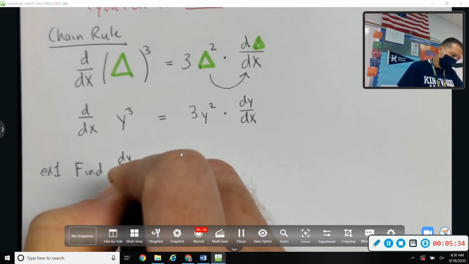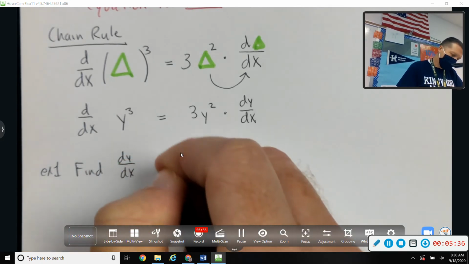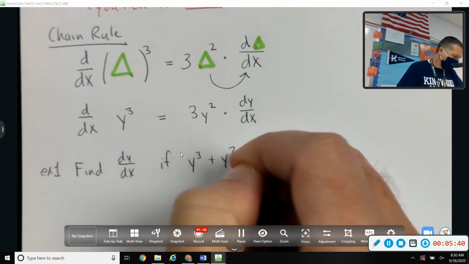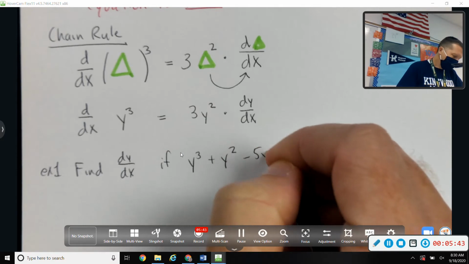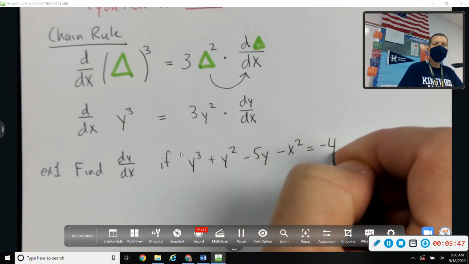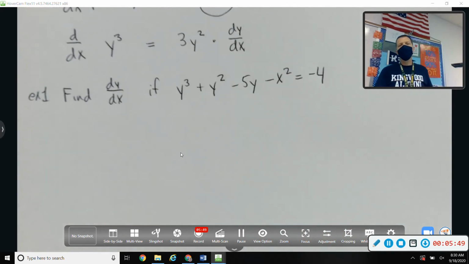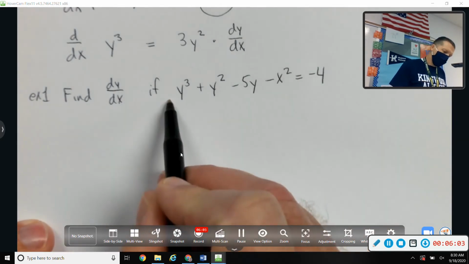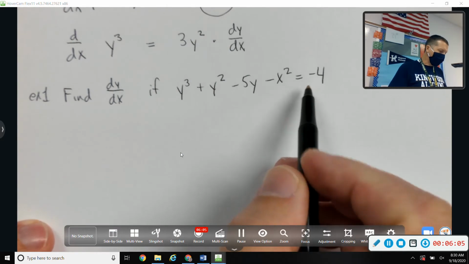All right, find dy dx if y cubed plus y squared minus 5y minus x squared equals -4. What a lovely little equation that is. So let's go through and take the derivative of each of the pieces.